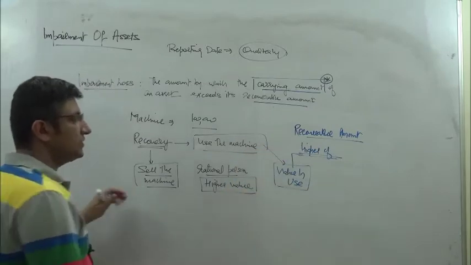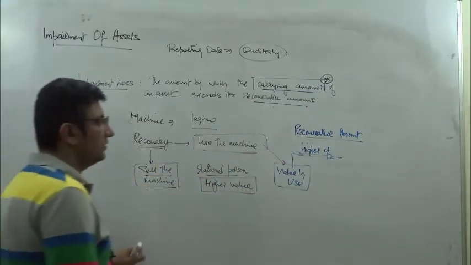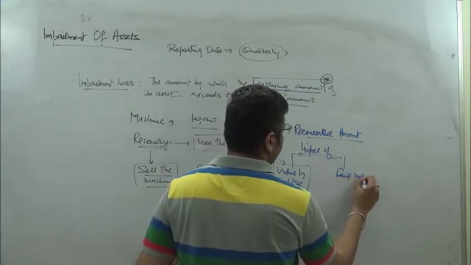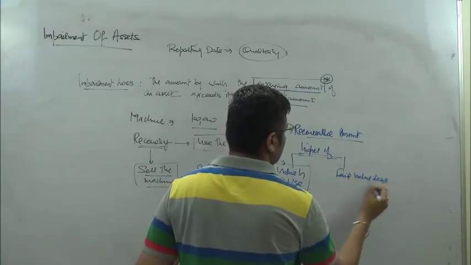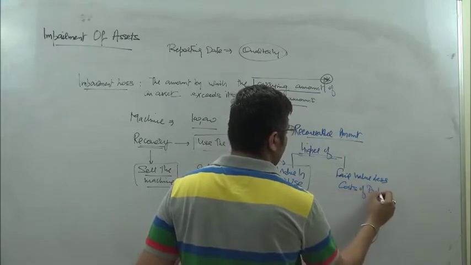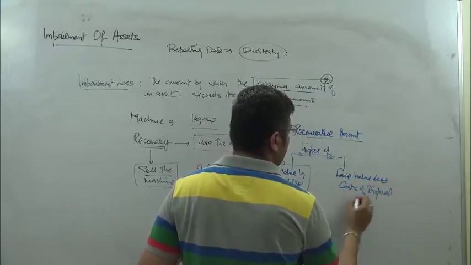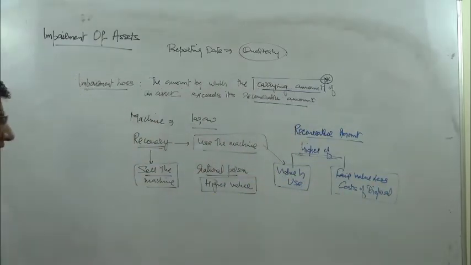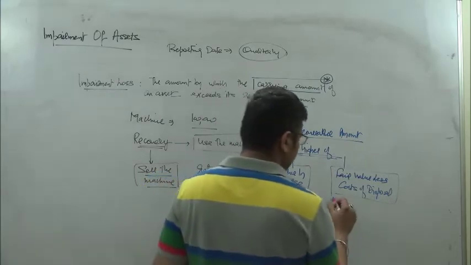Since I use the machine, or fair value less the cost of disposal, right? Something like a net realizable value.